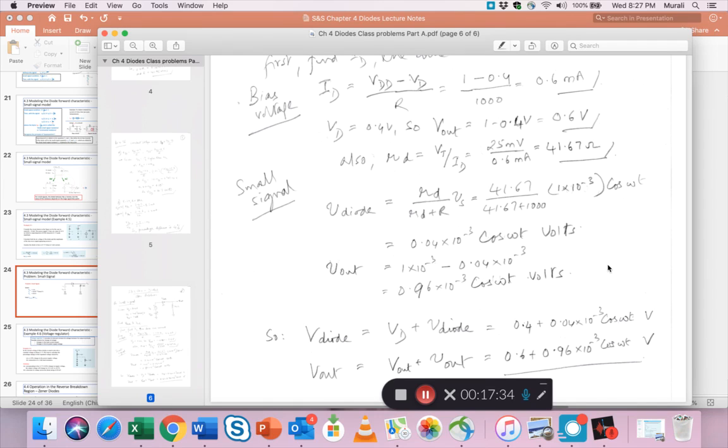So last step, to find those two voltages, the V diode and the V output, you add up both in each case. That means we add the bias voltage and the small signal voltage across the diode, and we add up the output bias voltage and the output small signal, and you write that in that form.